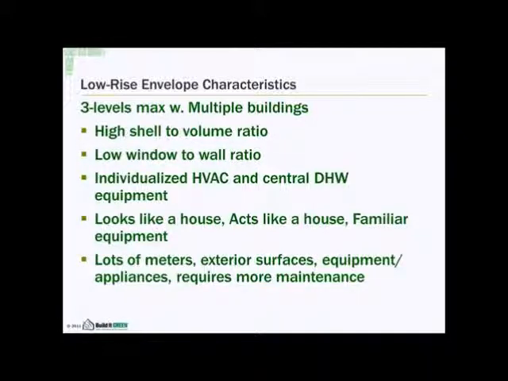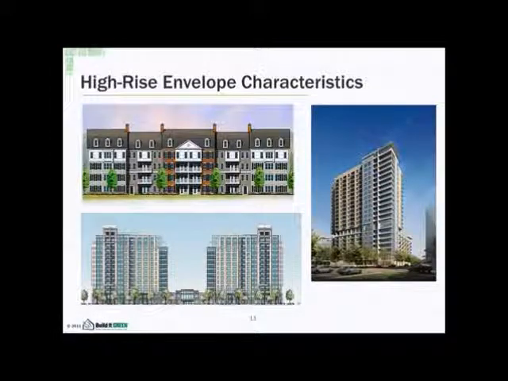If you live in the single-family, detached or attached world, then low-rise multifamily buildings and the equipment you run into are going to be pretty familiar. These buildings have lots of meters, exterior surfaces, and lots of equipment and appliances inside the residences, and they also require a little more maintenance than your typical single-family dwelling.